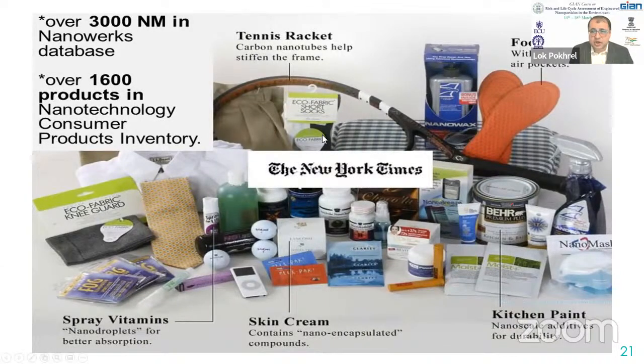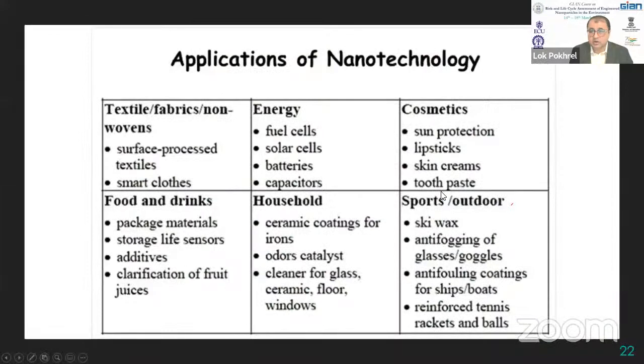So now we know there are thousands of materials that may contain nanomaterials or nanoparticles of some sort. Now the question is, do they pose risks to human health and the environment? And this is one of the questions that we're trying to address with our own research too in the lab.